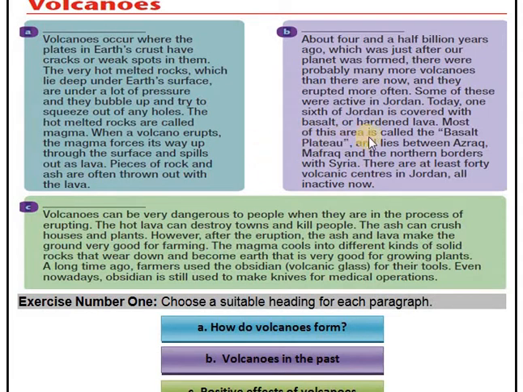Okay. هاي المنطقة تسمى basalt plateau اللي هي هضبة البازلت and lies تقع between أزرق مفرق and northern borders with Syria. There are at least 40 volcanic centers in Jordan, all inactive now. كلها خامدة أو غير نشطة.